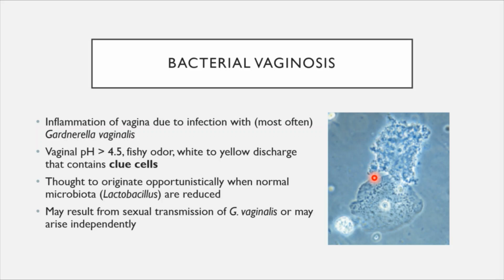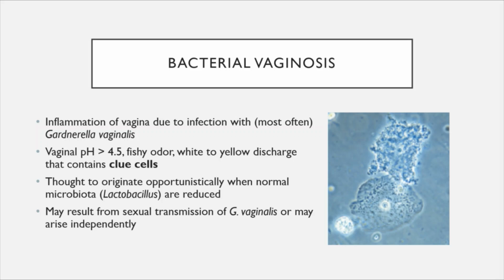Unlike the other infections that we have looked at, bacterial vaginosis is not necessarily sexually transmitted. Instead, it's thought to originate opportunistically when the normal microbiota of the vagina, namely the lactobacilli, are diminished due to a variety of causes.